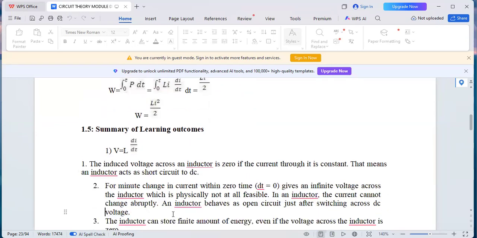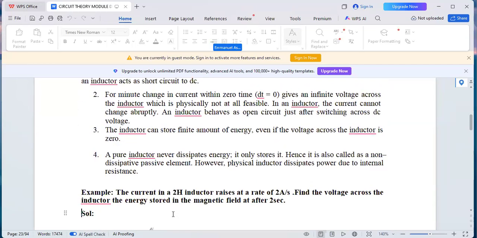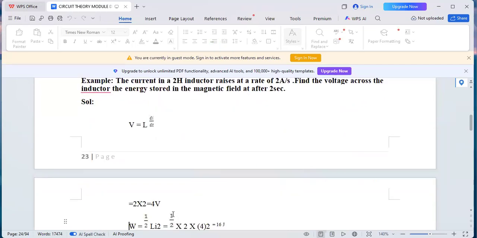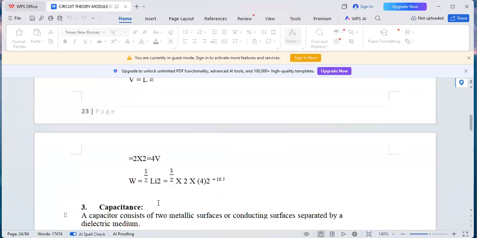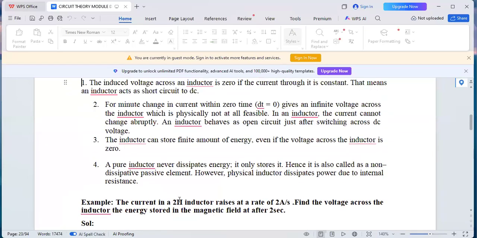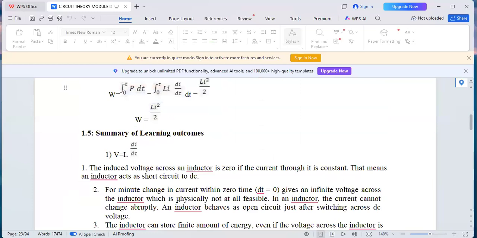Then here comes the question. We were able to use this to generate the voltage. After generating the voltage, we got 4 volts, right? Then we are now using the same to generate the energy, which is Li squared over 2.